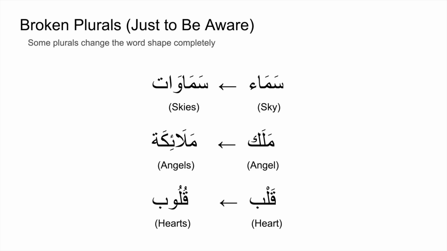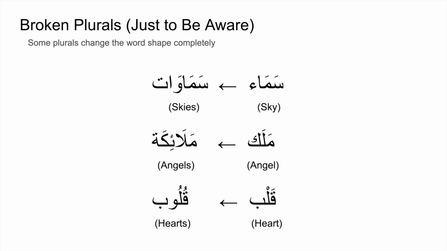This slide is only for awareness. In Arabic, not all plurals add an ending. Sometimes the word itself changes shape. سماء، سماوات، ملك، ملائكة، قلب، قلوب.